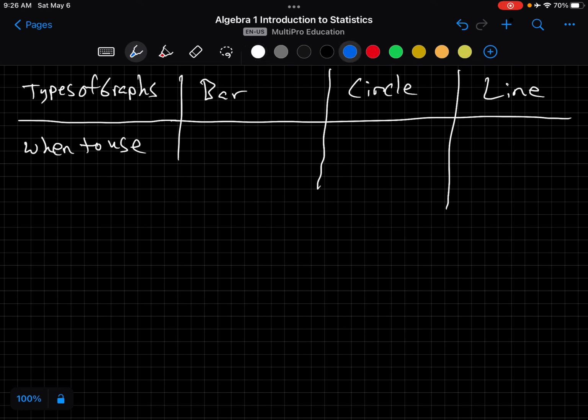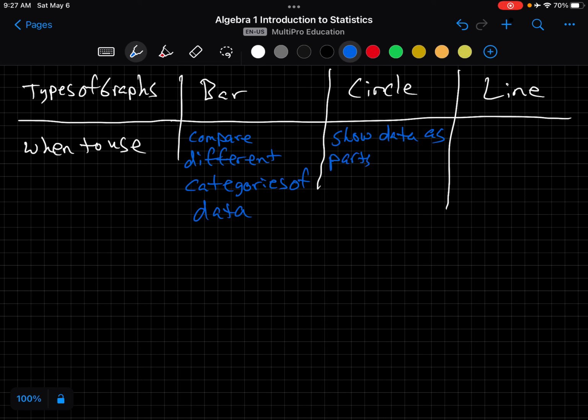Okay, so when we want to use a bar graph, this is when we are comparing different categories of data. Okay, and when we want to use a circle, it's when we want to show data as parts of a whole set of data. Remember, it's a piece of the pie.